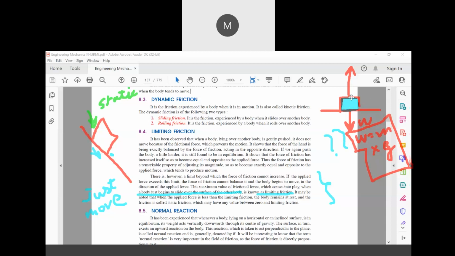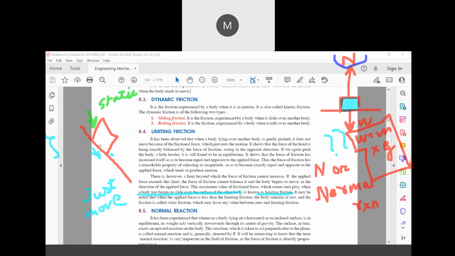We have this opposite component. That particular opposite component is known as N, the normal force. Is it clear for all of you?